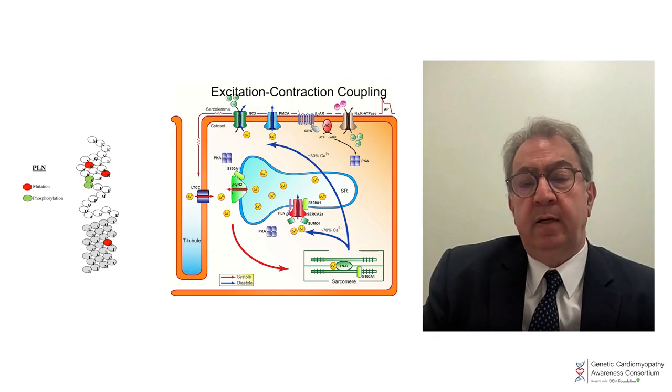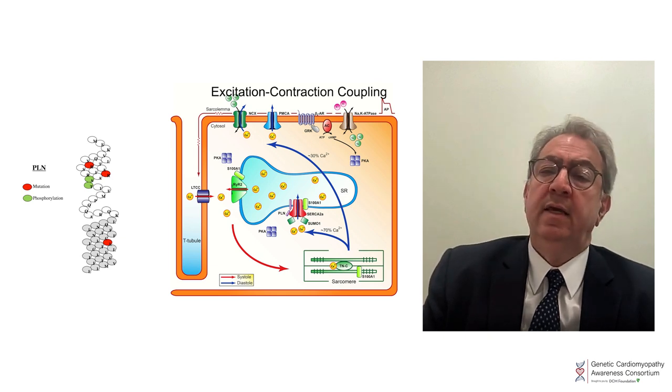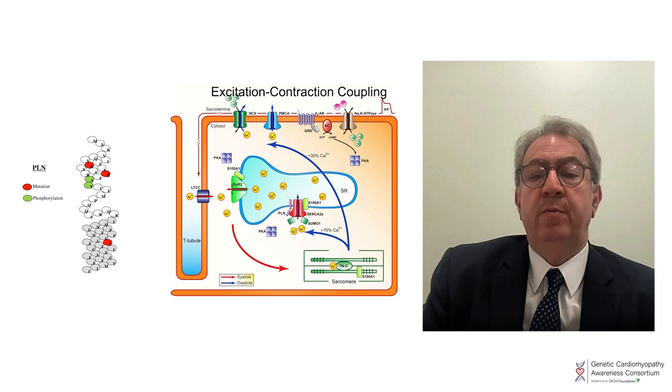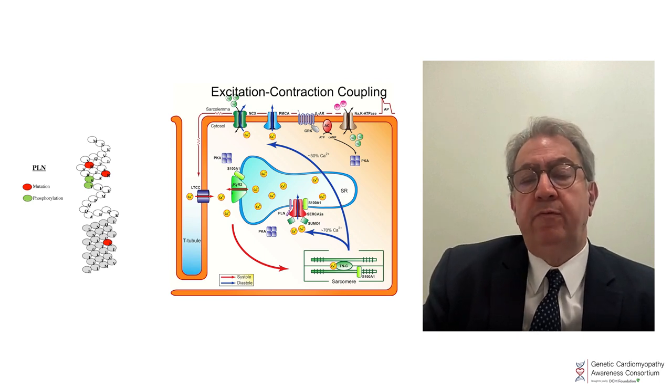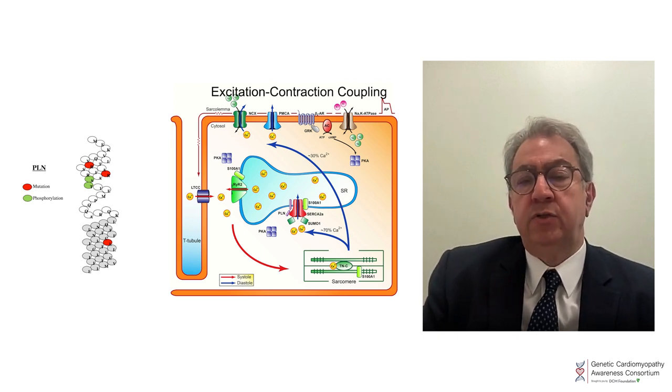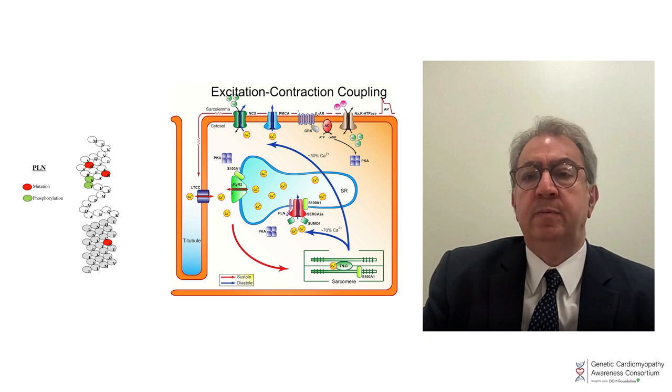Channels open up, allowing calcium to come in, and that small amount of calcium induces the release of a higher amount of calcium from an organelle within the cardiac cell called the sarcoplasmic reticulum. That large amount of calcium then activates specialized proteins called myofilaments, which allows the contraction to happen. That's when the force develops, that's when the heart contracts.